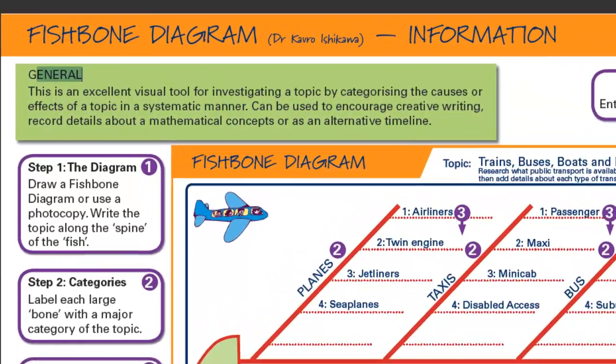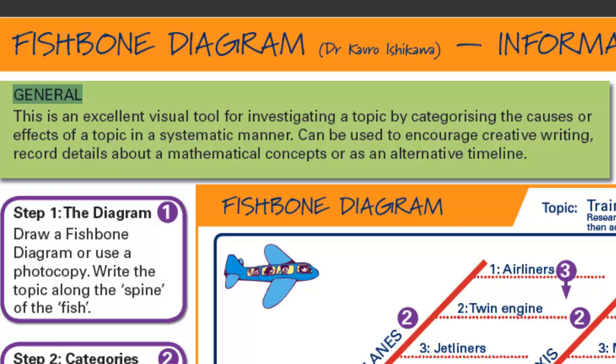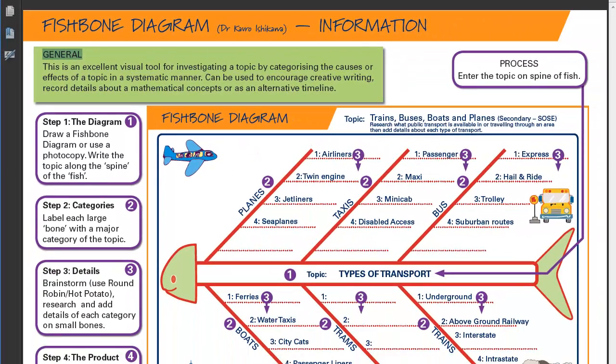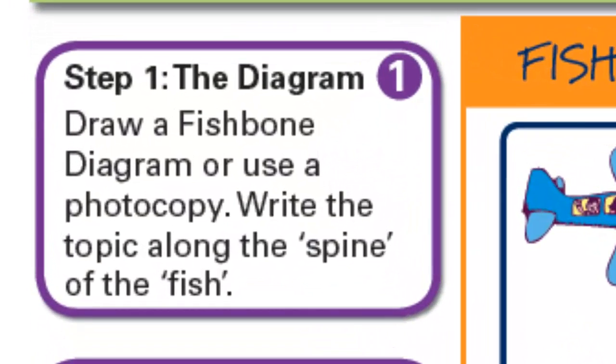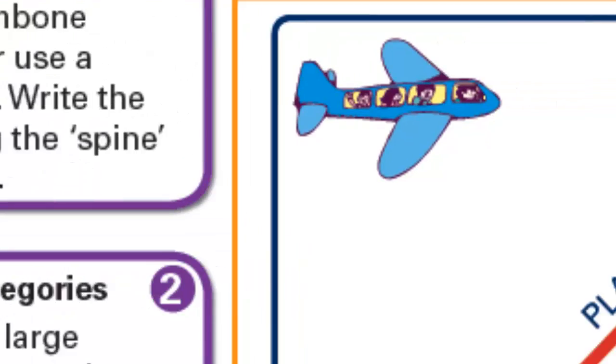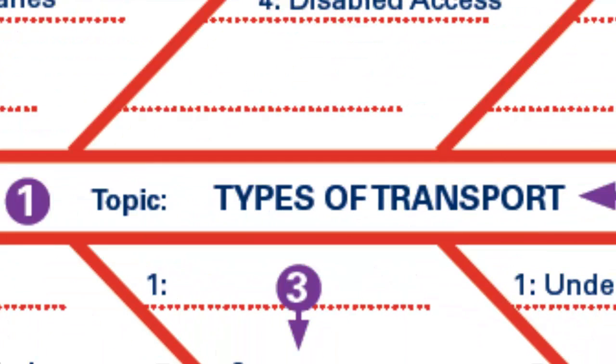So there's a general information section about a fishbone diagram. And then over on the left hand side here, we've got these numbered boxes which relate directly to numbers on the actual diagram. So for example, the step 1, draw a fishbone diagram. We're going to use a writable template in this situation, and we're going to write the topic along the spine of the fish, which is right in the middle of the diagram.